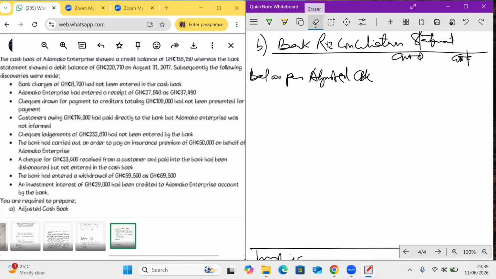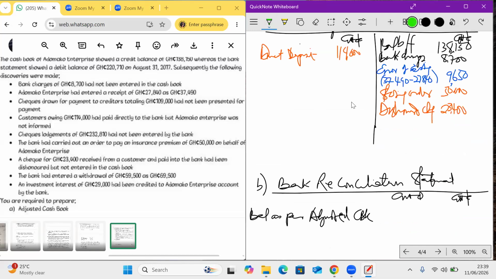We don't need whether it's bank loan or bank charges. Understand the transaction. An investment interest. So that's debit. Read the full thing and tell me. An investment interest of 29,000 had been credited to Adomako Enterprise accounts by the bank.